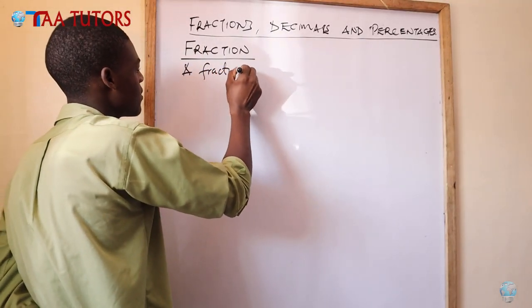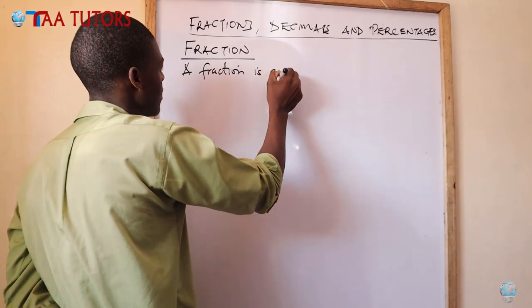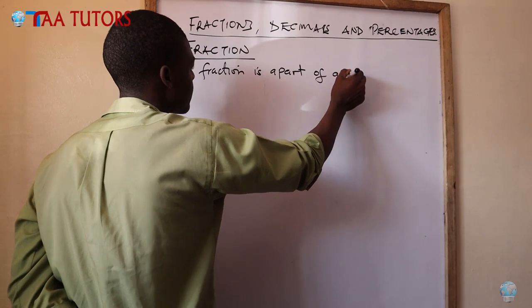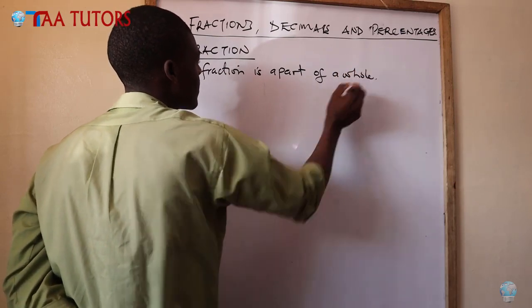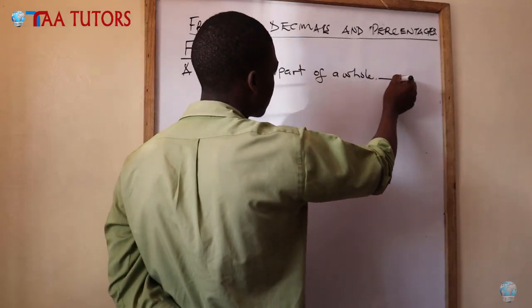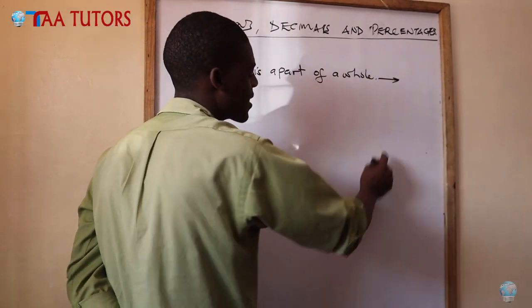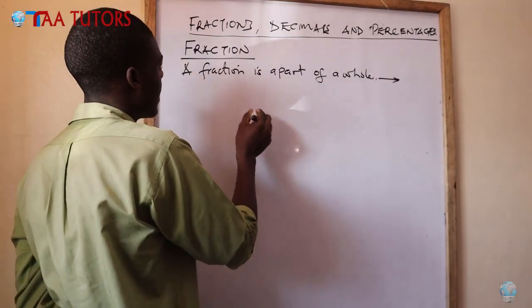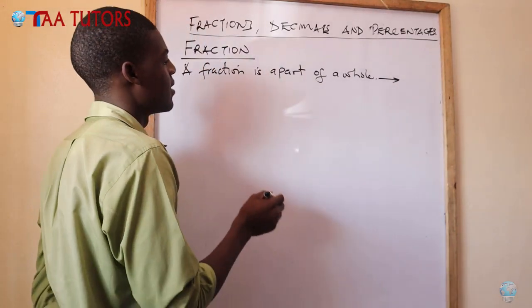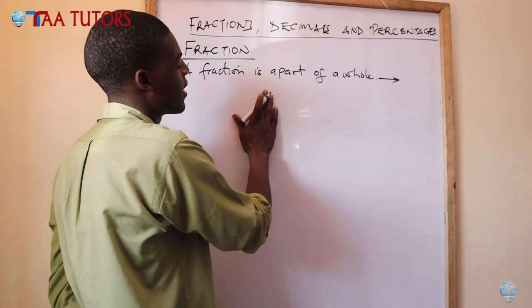A fraction is a part of a whole. Some of you may complain that the statement is not complete. In this whole, we have many things that can be whole. You can have a loaf of bread, that is a whole thing. You can have a meter rule, that is also a whole.